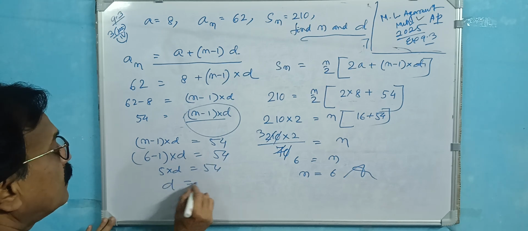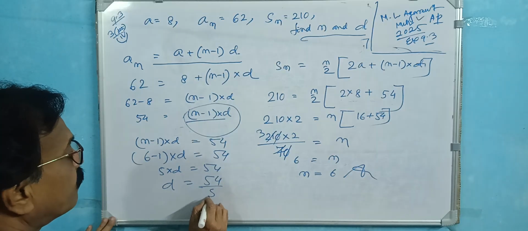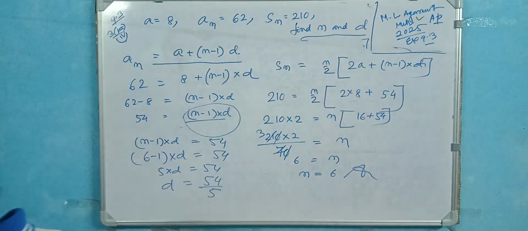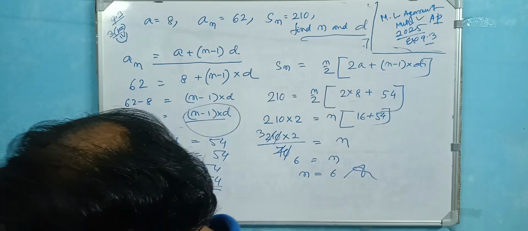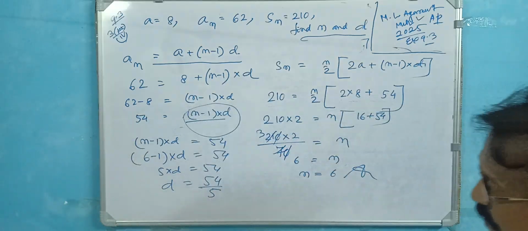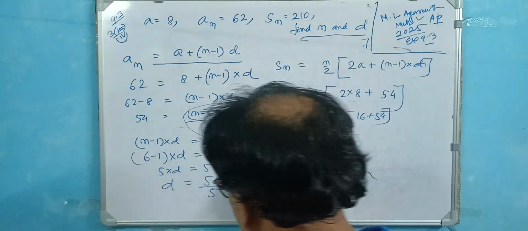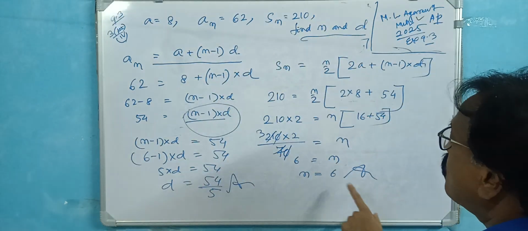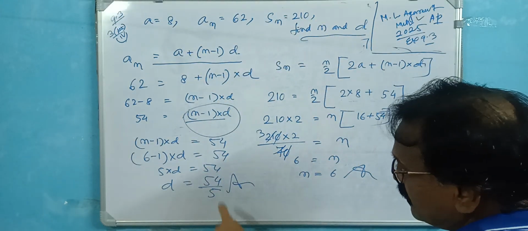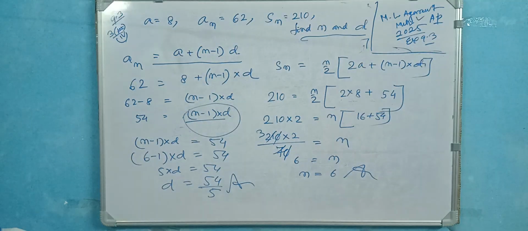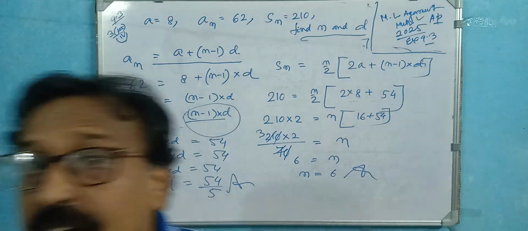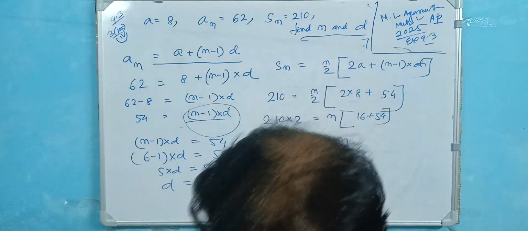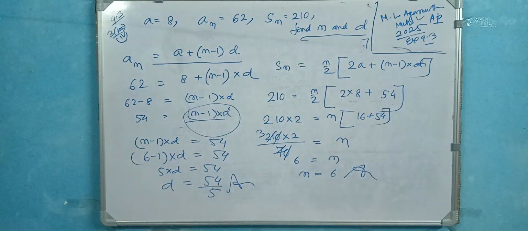So d is actually 54 by 5. This is the answer. The value of n is 6. The value of d is 54 by 5. Okay? Clear?